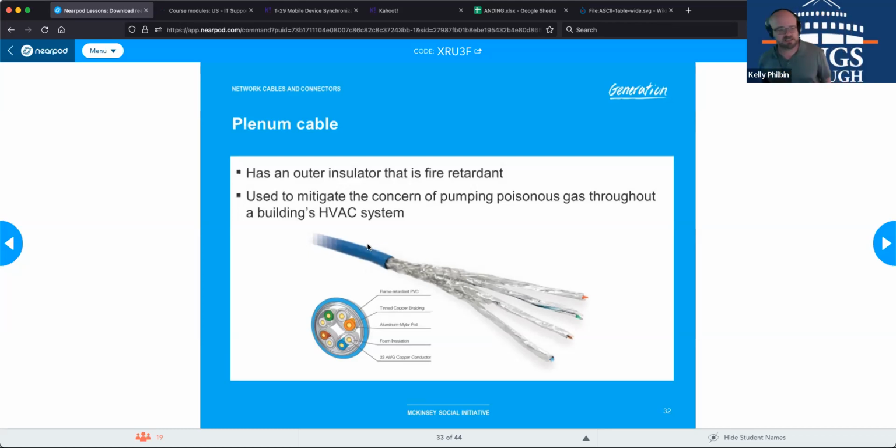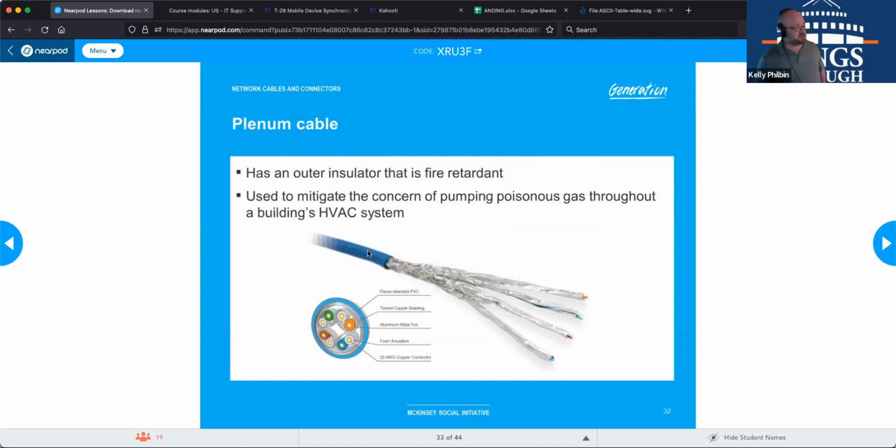Normal Ethernet cables are wrapped in what's called PVC, which is polyvinyl chloride. When it burns, it releases chlorine gas, which is not so good for humans. It can make us very sick or can be fatal.